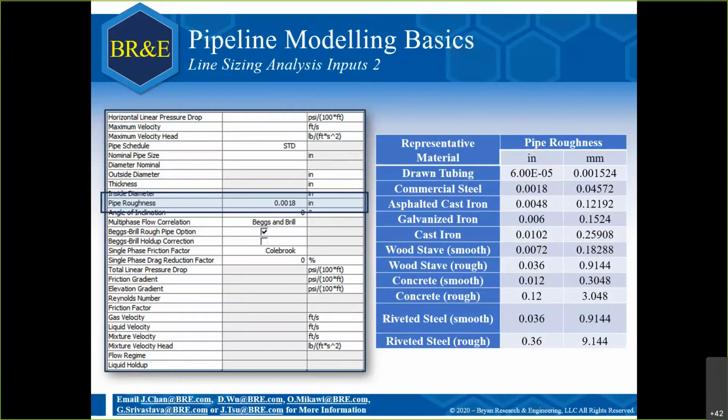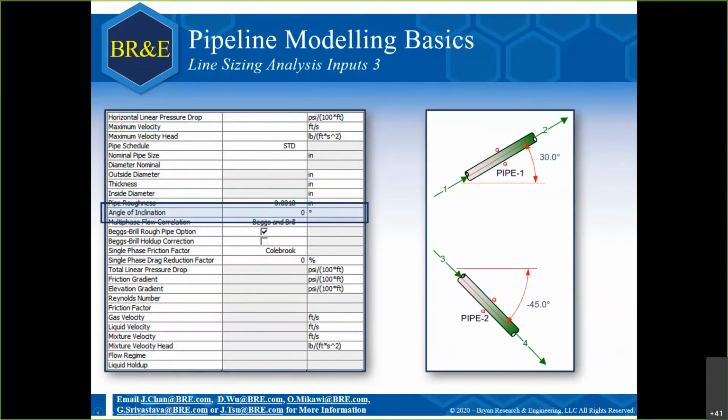For example, you can input your pipe roughness or use a drop-down input on ProMax and select a representative material that will have a recommended pipe roughness to go along with it. If you have a non-horizontal pipe, like a vertical or angled pipe, you can also specify an angle of inclination where positive means it's tilted up and negative means it's tilted down.